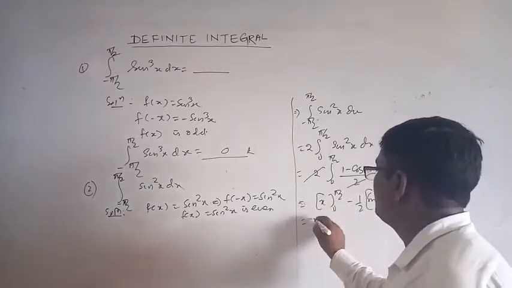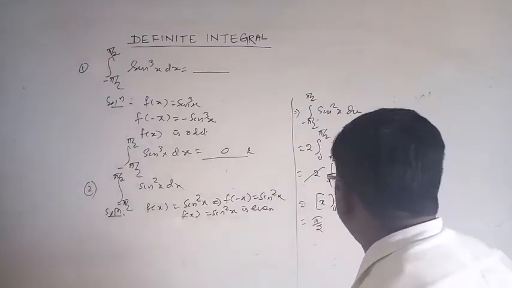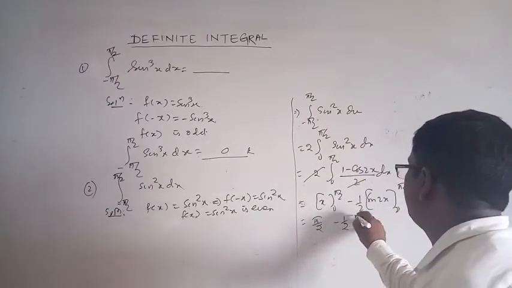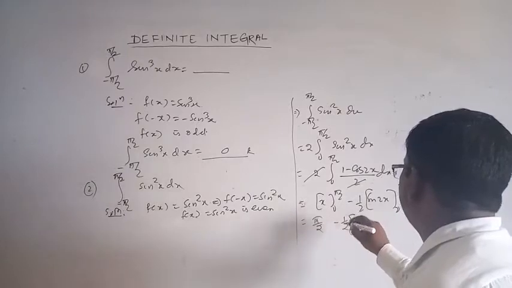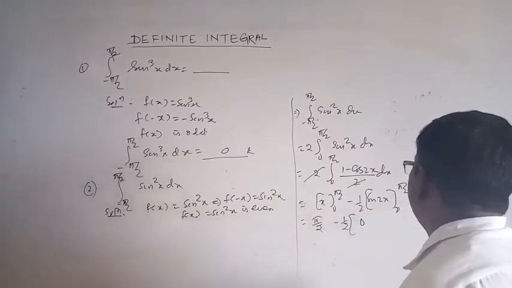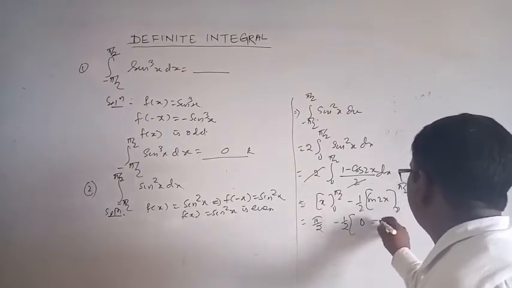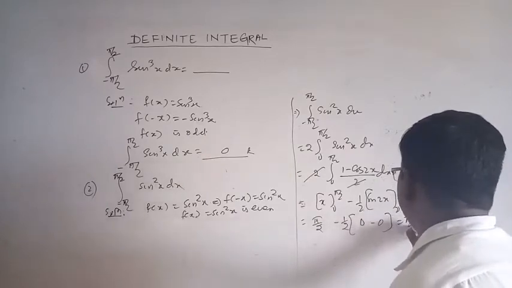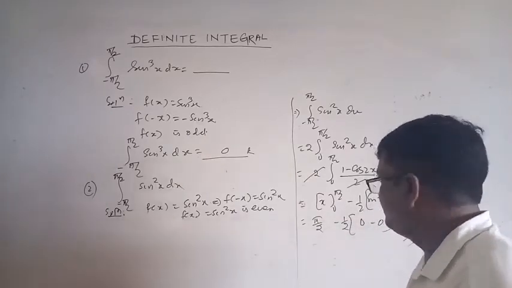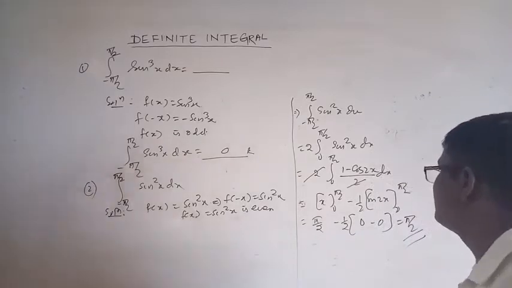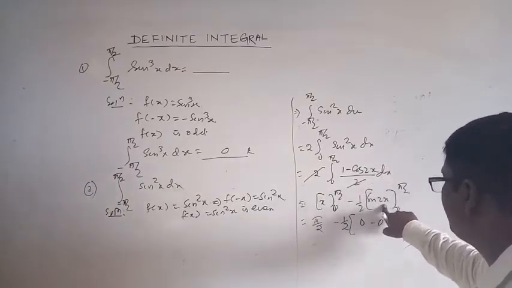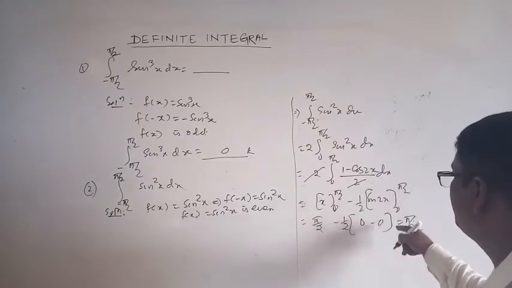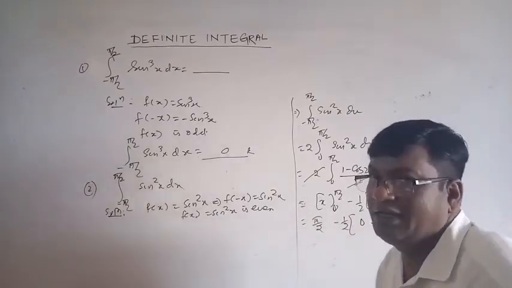So this is pi by 2 minus 0, minus 1 by 2 sin pi, and sin pi is 0. So pi by 2 is the answer, because sin 2 into pi by 2 is sin pi, which means 0.